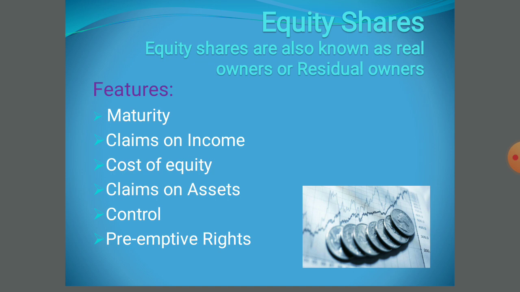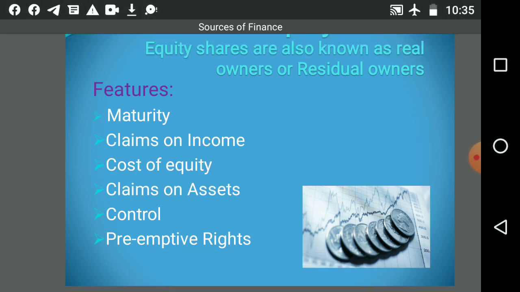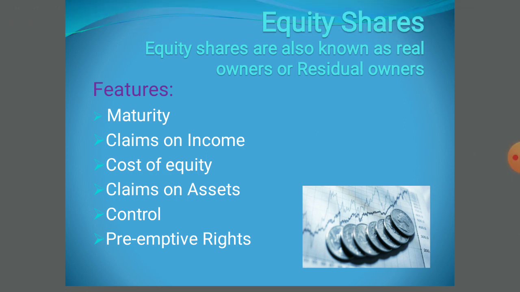If they wish, they can invest more in the organization. So the priority is given to the existing shareholders for more investment. If they deny investing more, then the owner is going to raise the amount from other sources, and this is known as preemptive right. That is, they get the priority for investing more in the organization.